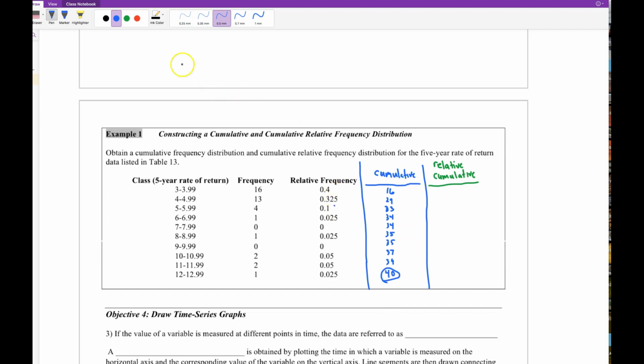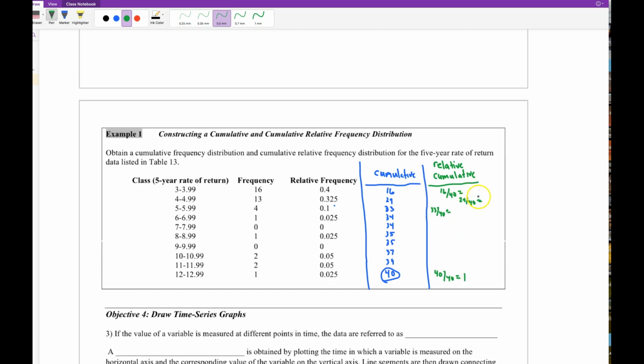And if you're going to do the relative cumulative frequency, you just do 16 divided by 40. This would be 29 divided by 40. This would be 33 divided by 40, and so on. And then you would put your decimal approximations for that. And then you would get down to the very bottom, and this total would be 40 out of 40, which equals 1.